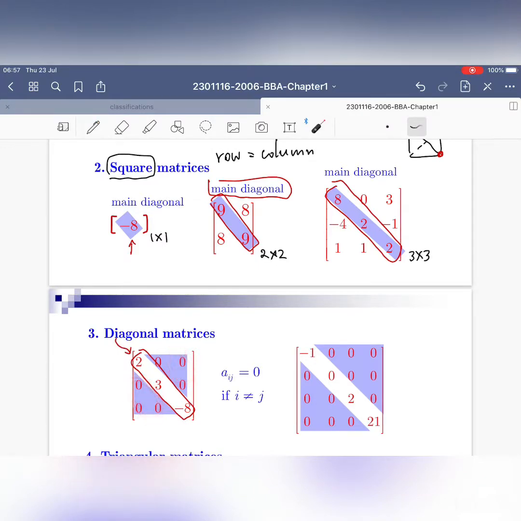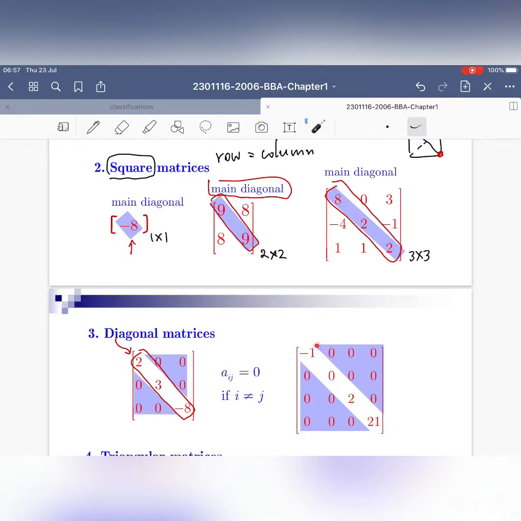are all zero. This one is called the upper triangle. This one is called a lower triangle. The upper and the lower triangle elements are all zero, okay. So what does this mean? It means that the zero matrix, with the same row and the same column, is also a diagonal matrix, okay.